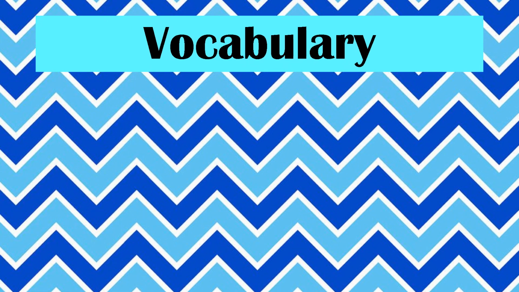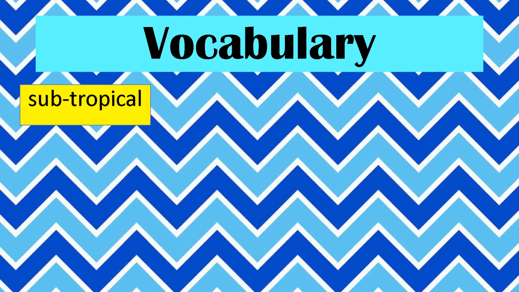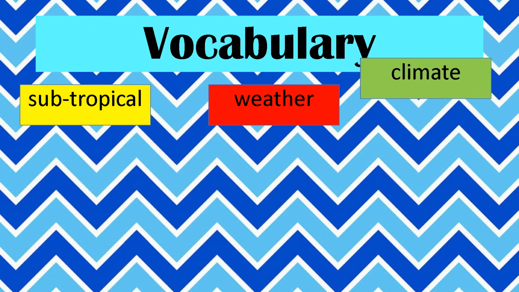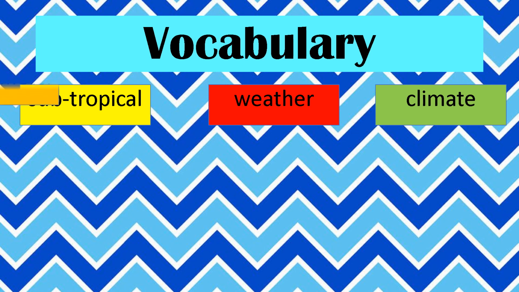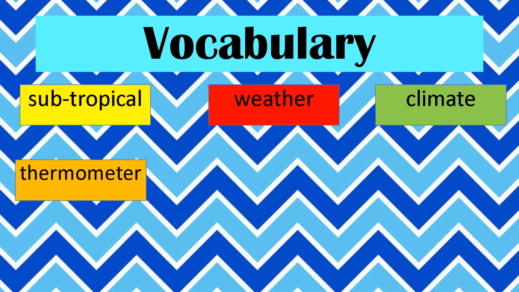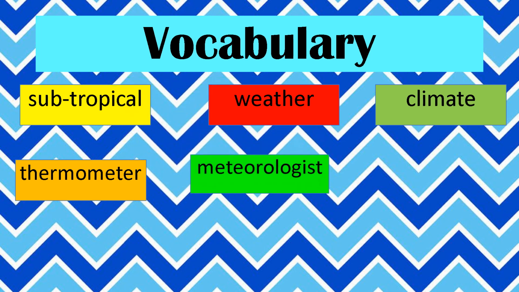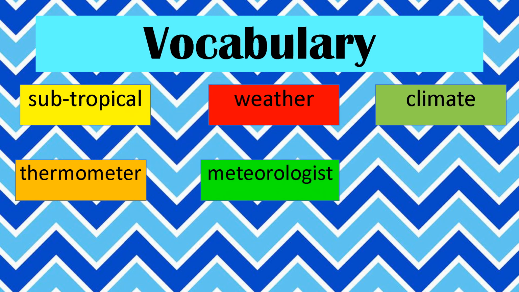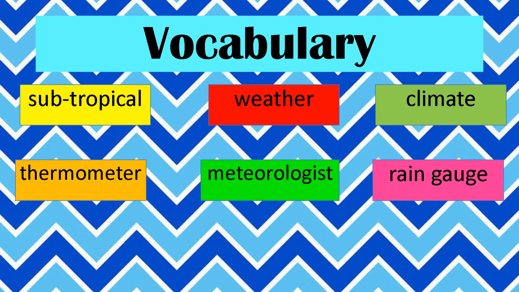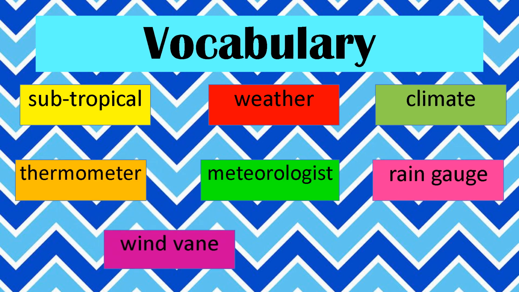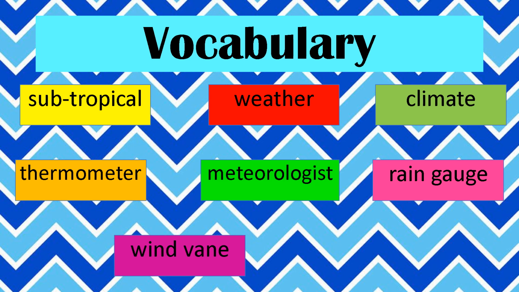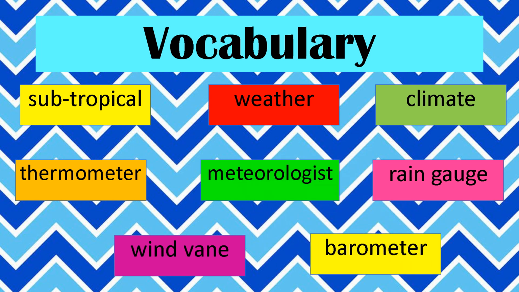Here are some vocabulary words that you will find throughout this lesson. They are subtropical, weather, climate, thermometer, meteorologist, rain gauge, wind vane, and barometer.